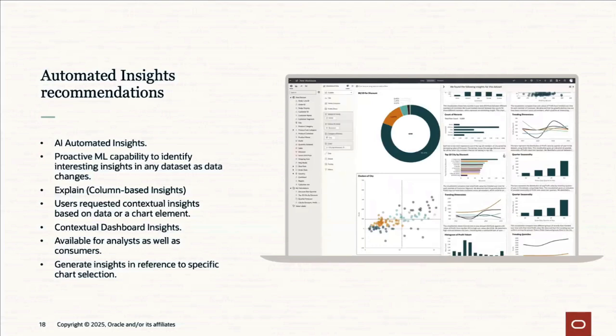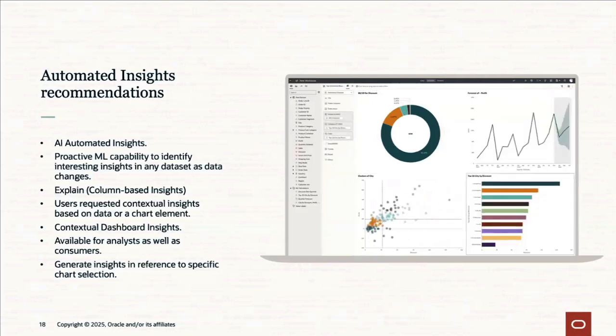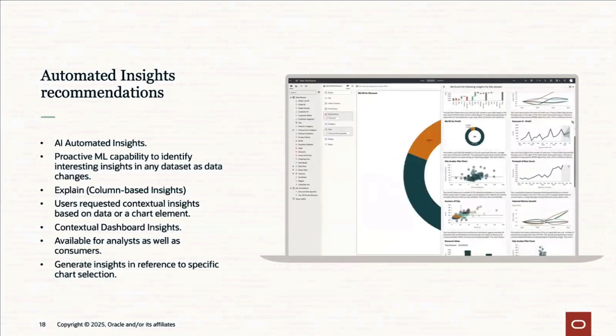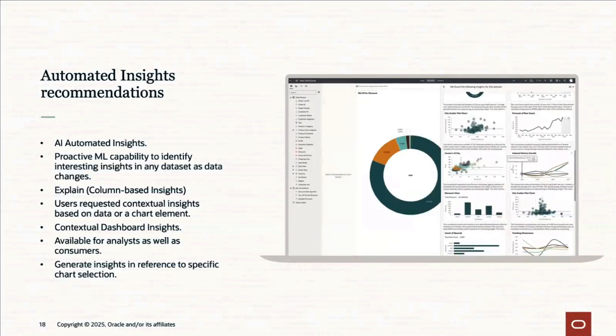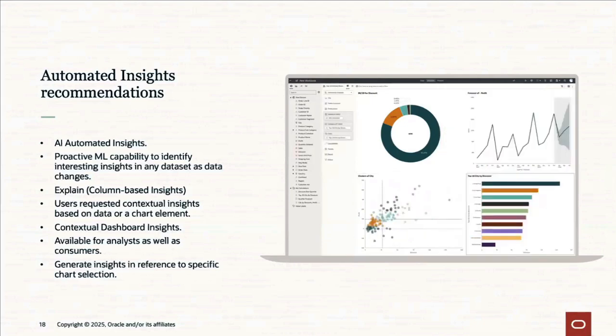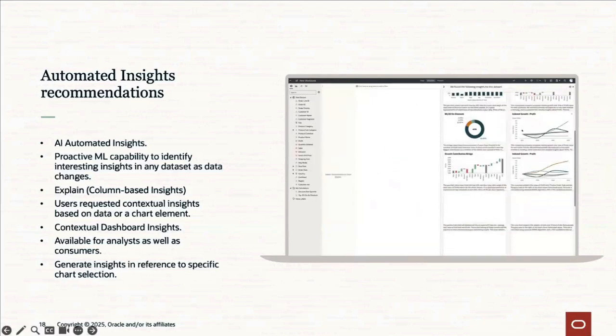Once again, similar to the Explain feature, anything that you want, you can click plus on, and it will generate that chart in your canvas for you. So between explaining your variables and Automated Insights, you have a very streamlined approach to analytics and a very quick way to generate dashboards with basic visualizations to understand datasets.